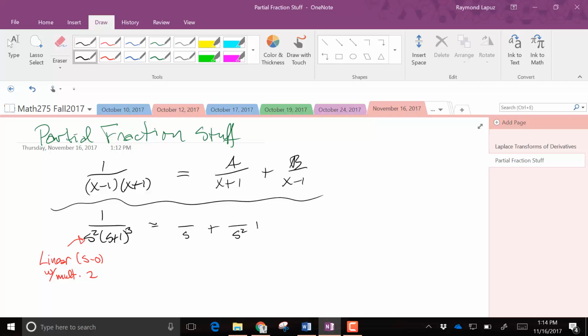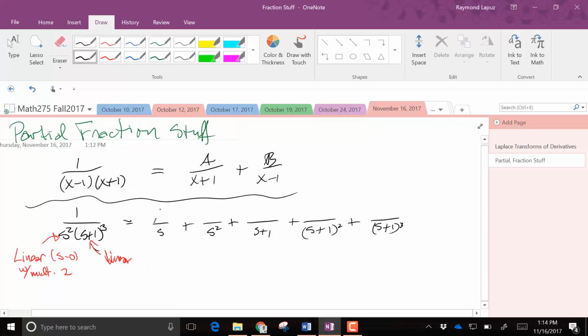And for the s plus 1, I'll need an s plus 1 squared, and s plus 1 cubed. Okay, so it has to repeat. Now, these are all linear, so the numbers that are on top are all constants. A, B, C, D, all constants. Okay?